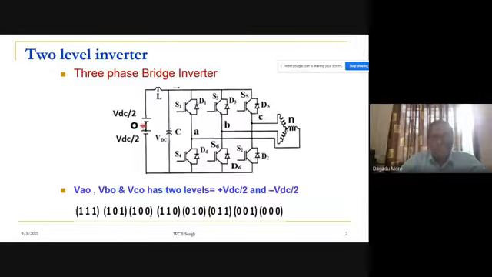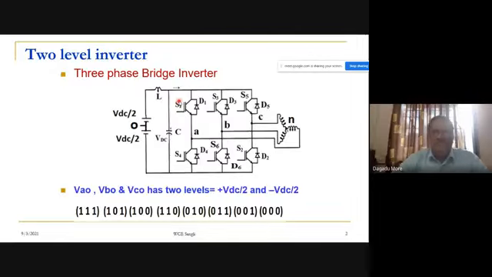So VAO, VBO, or VCO, these pole voltages have only two values, either plus VDC by 2 when the upper switch is on, or minus VDC by 2 when the lower switch is on. That is why we call this inverter a two-level inverter.